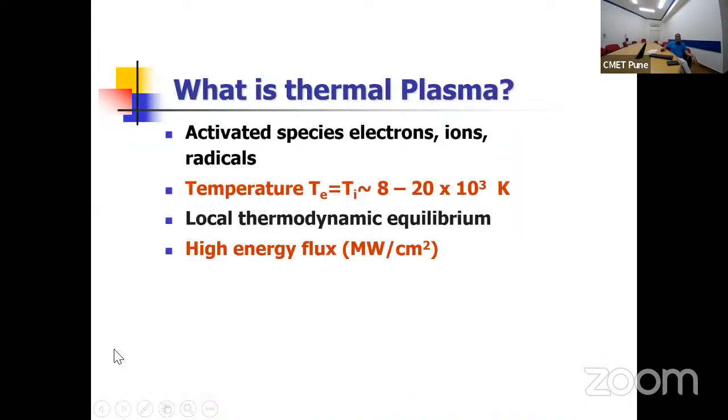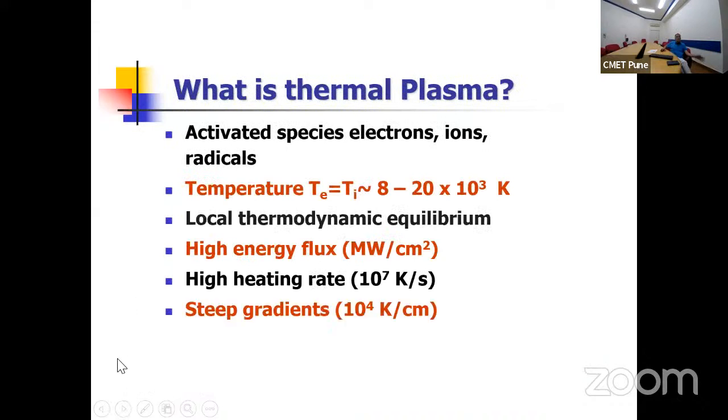So what is thermal plasma? As I showed in the last slide, it has very high temperature. The active species here, electrons and radicals, are all in local thermodynamic equilibrium, because in cold plasma, electrons have higher temperature and ions have low temperature. But here all species, electrons and ions, are in equilibrium at around 8,000 to 20,000 degrees Kelvin.